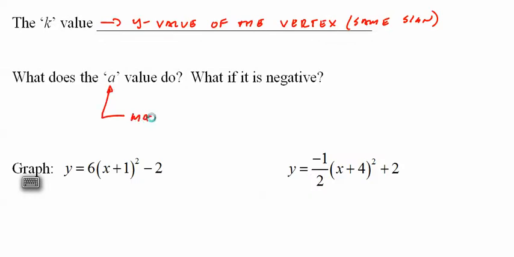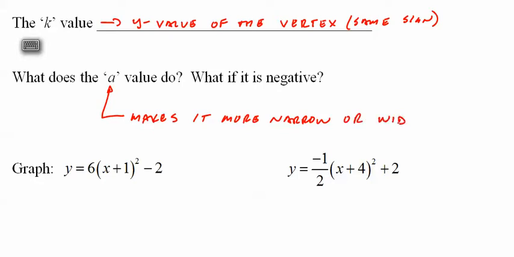And if you want to play with it, it makes the graph thinner, more narrow. Or wider, fatter. Narrow would be a is greater than 1. Wider would be a is between 0 and 1.